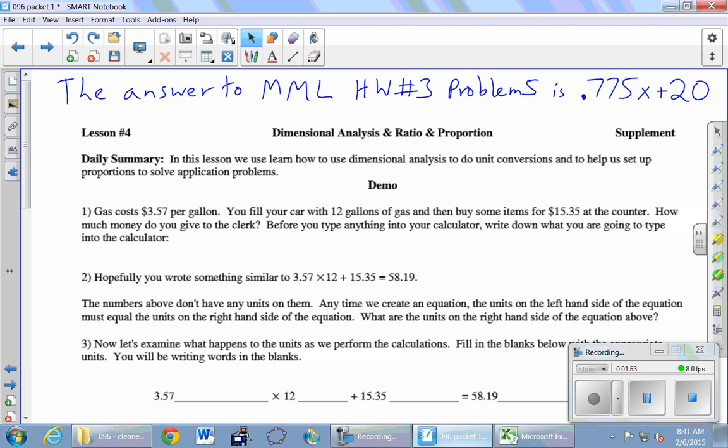So it is homework number 3, problem 5. Put it someplace that you will see it when you are doing your homework. And up here is written the answer, which you'll type in: 0.775x plus 20. Again, make sure you put this someplace that you will see it when you are going to do your homework for number 3. Homework 3, problem 5. You're going to type in 0.775x plus 20.